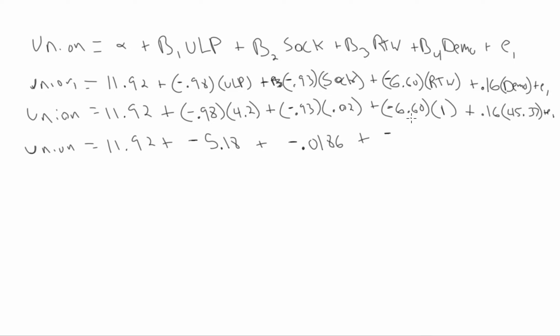So 1 times negative 6.60 is obviously negative 6.60 plus 7.26 plus our error, which we're never going to know. We're not going to know what our error really is.